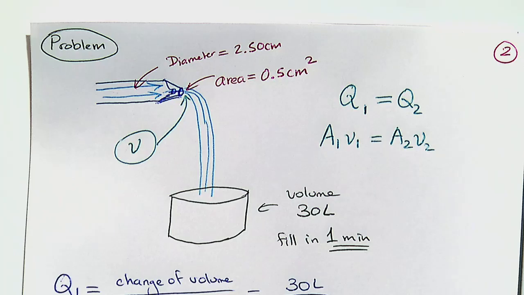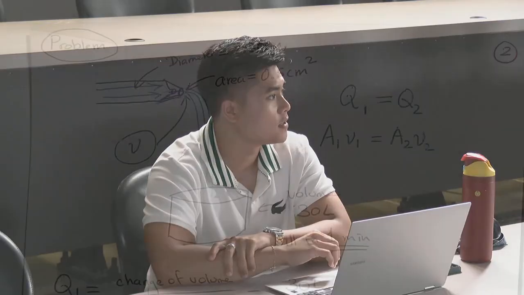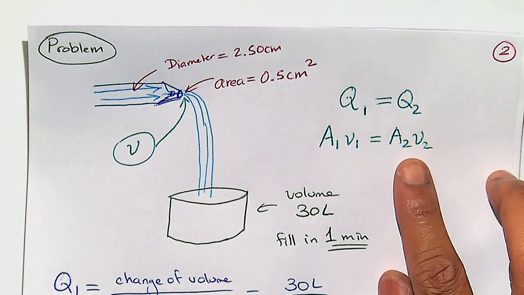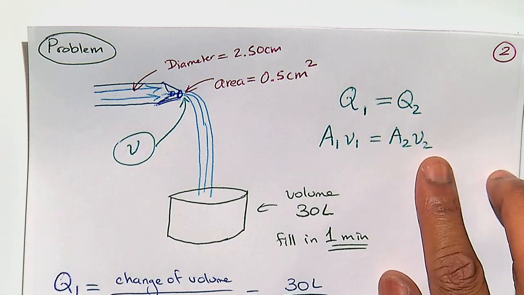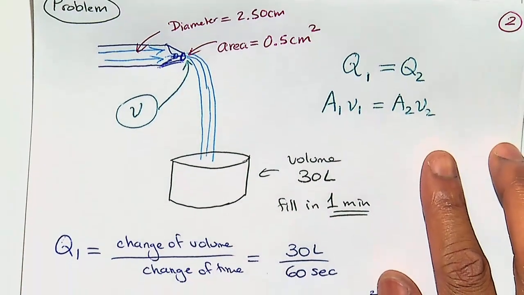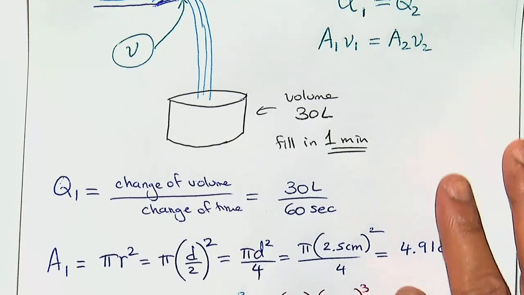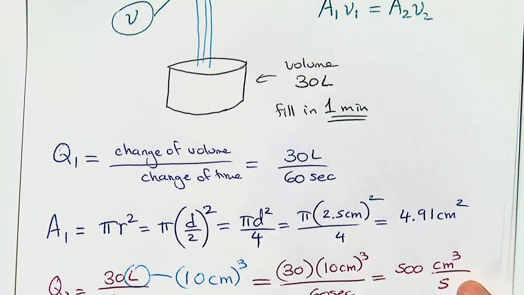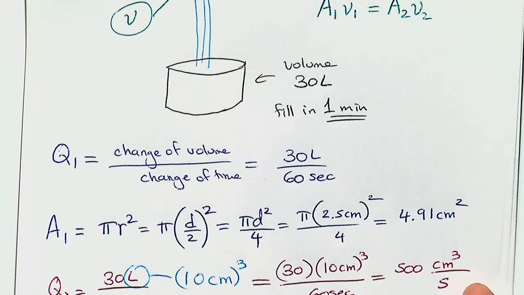Another question was, can't we just solve V2 by dividing Q by the area of the nozzle? Can we find V2 by dividing Q1 by area 2? Yes. So Q1 we found here, and area 2, yes, that should work.